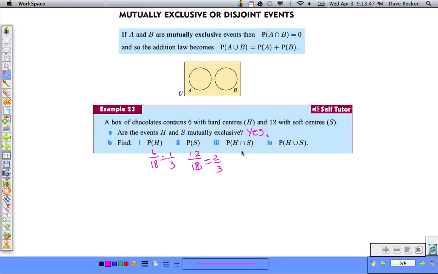And the probability of H intersect S is 0. We just talked about that. There's no way to get them in common. And the probability of H union S, in other words, if I select a candy, will it have a hard center or a soft center? Well, 18 out of the 18 candies follow that criteria. So that's a probability of 1 or 100%.